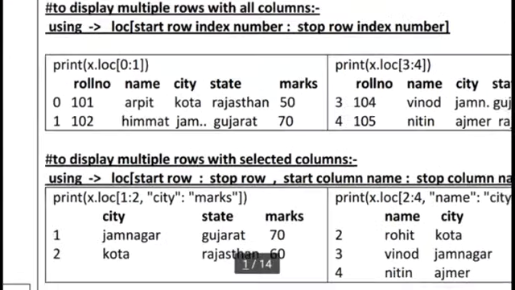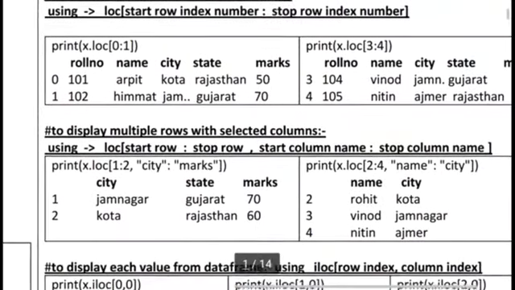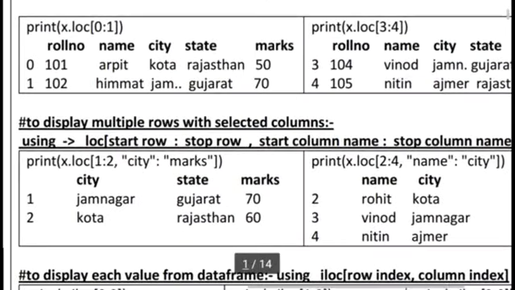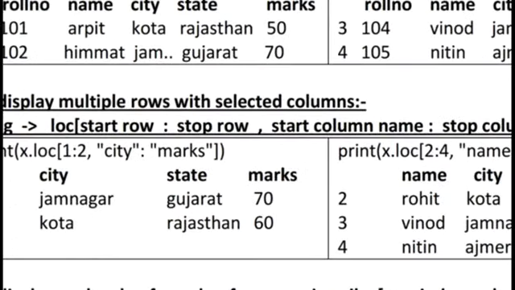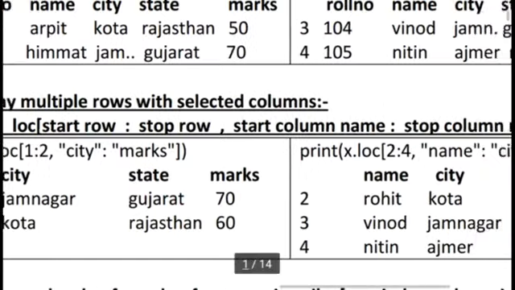Here I want to show some advanced things using loc. We already discussed displaying multiple rows with all columns, but now multiple rows with selected columns. So I extend the loc method: start row colon stop row, which we already know, but here I am using a comma. The new thing is the comma.